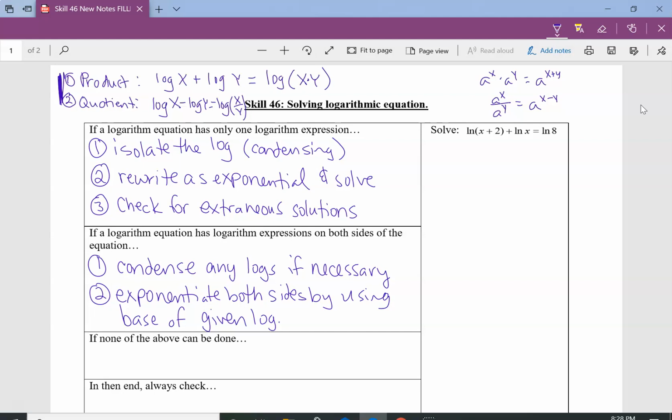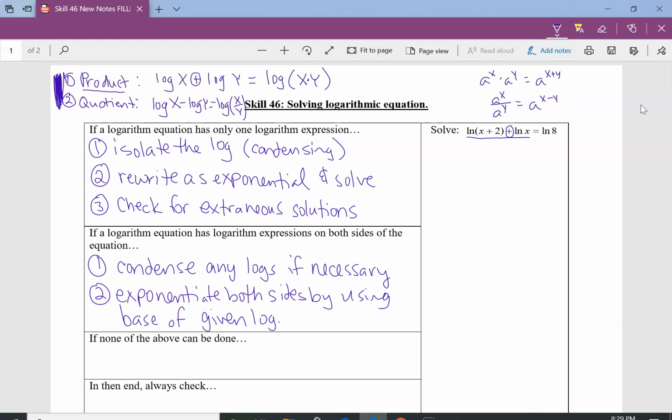And that's actually how we're going to handle this first problem here. So I'm going to go ahead and try this out. On the left side, I notice that I have natural log of x plus 2 plus natural log of x. So I have a plus sign here, so going back to my two properties, when I have a plus in the middle, that means I'm using the product property.